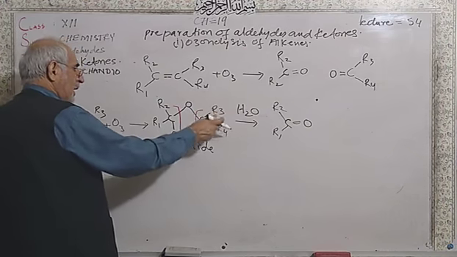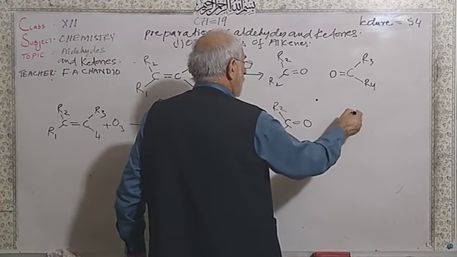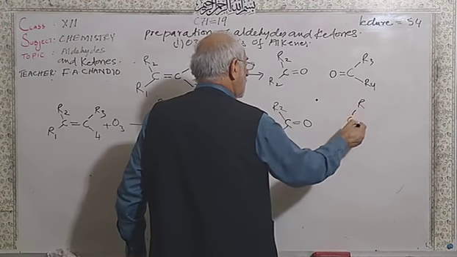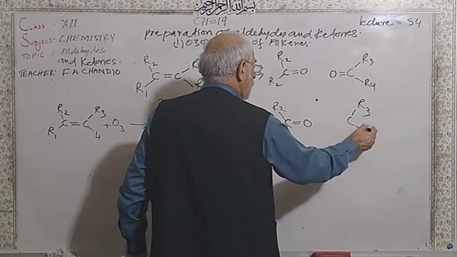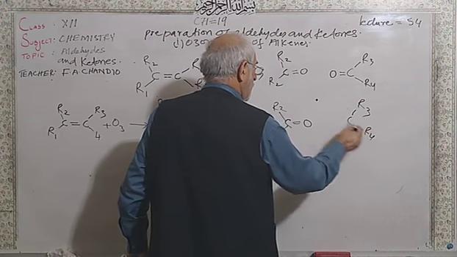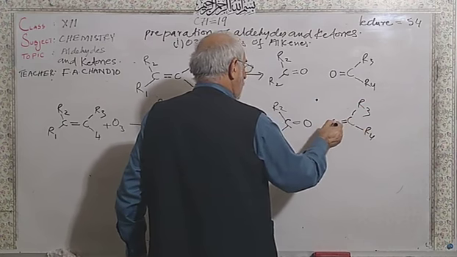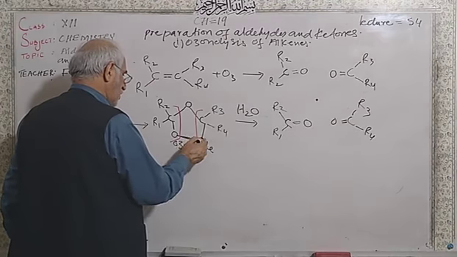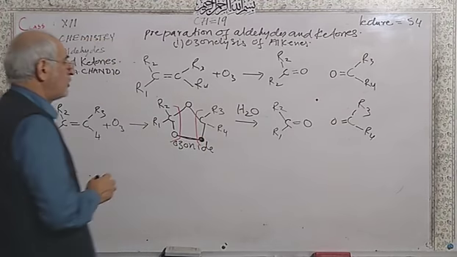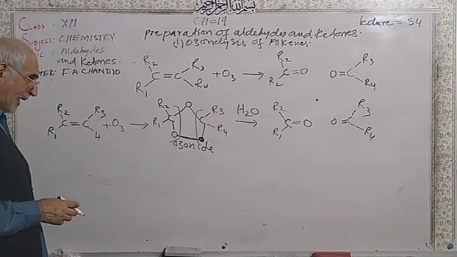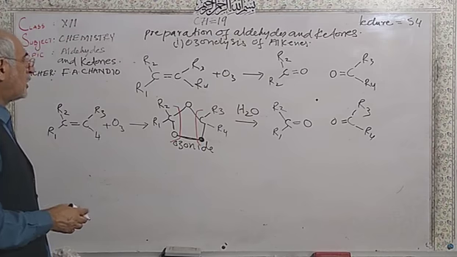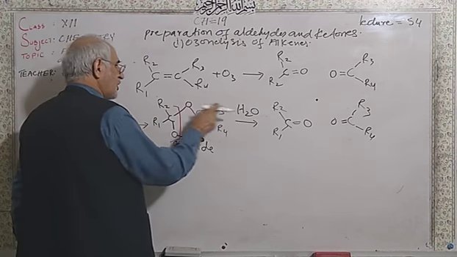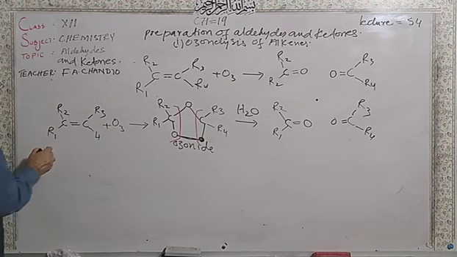And there is alkyl group number 3, alkyl group number 4, and a double bond, this carbon, oxygen. So you will get another molecule of the ketone. This oxygen and water form hydrogen peroxide.